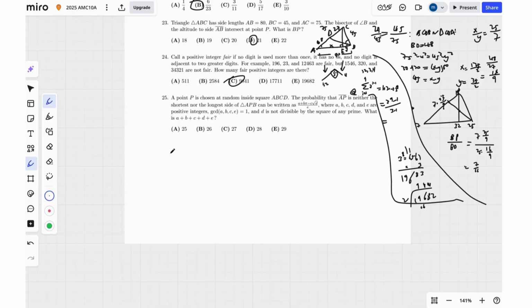All right, this is a really interesting problem. So problem 25, it's geometric probability. So let's draw a square. All right, so it's probability once again. So we can just let the side lengths be 1. So we don't want AP to be the shortest. So we can draw an equilateral triangle.